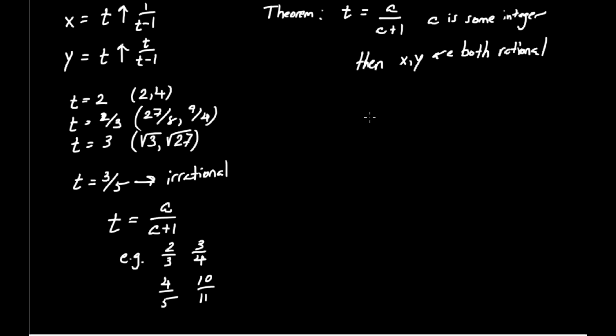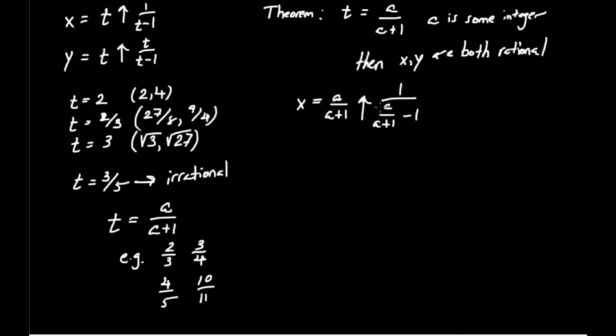And now the proof of this isn't too difficult. What I'm going to do here is suppose that t has the form a over a plus 1, and I just plug it in first to x. So what I get here is x is equal to a over a plus 1 raised to the 1 over a over a plus 1 minus 1.